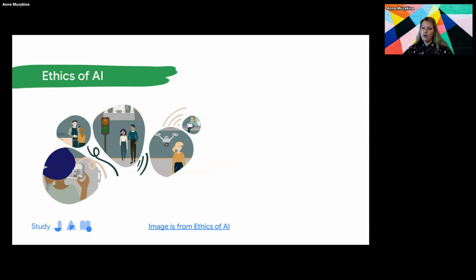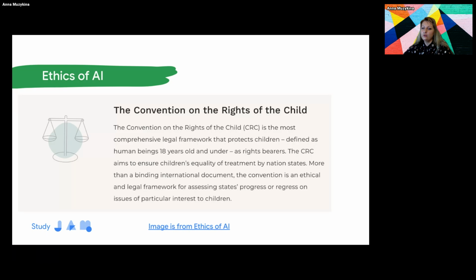This lack of diversity can lead to AI systems that are biased or that don't meet the needs of everyone. It's important to remember that inclusion is more than just gender and includes many different demographics. We need to be intentional in designing AI systems that are inclusive and that consider the needs of diverse users.